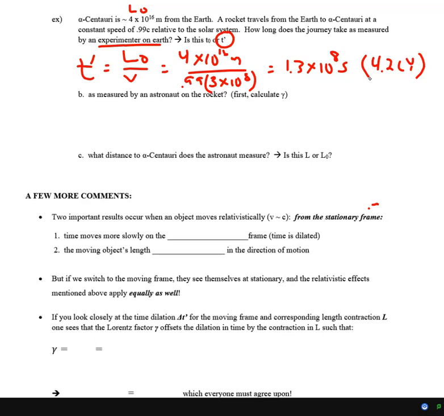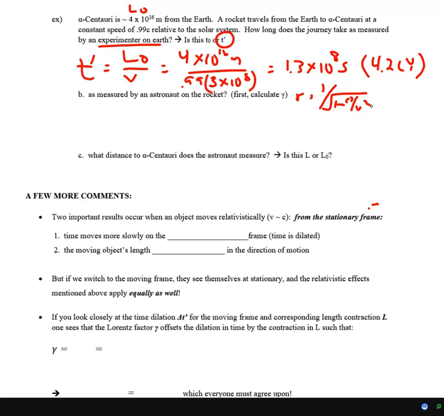But what is measured by the astronaut on the rocket? Before we do that, we know there's going to be time dilation, so we want to use the gamma factor. Gamma is equal to 1 divided by the square root of 1 minus v squared over c squared, and since we've got our v in terms of the speed of light, that makes it a little easier.